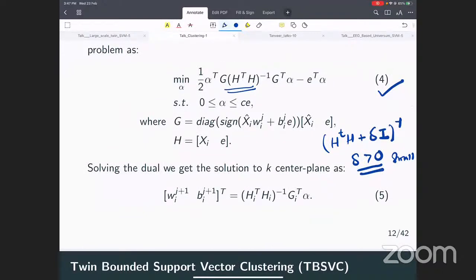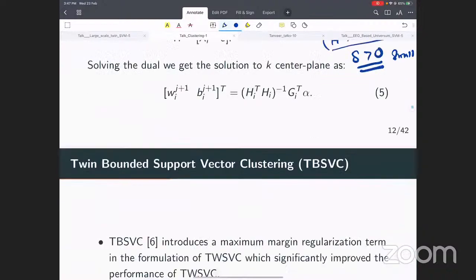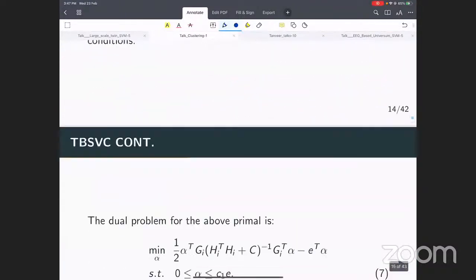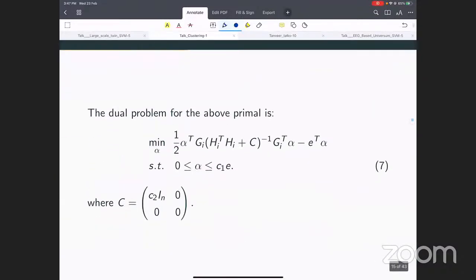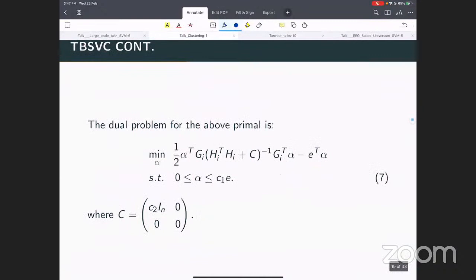When we look at the dual formulation, in place of H transpose H, it will look like this. We are introducing an extra regularization term in the objective function. When we solve this problem, it comes out like this: H_i transpose H_i plus c. I think it should be c. C is this one.